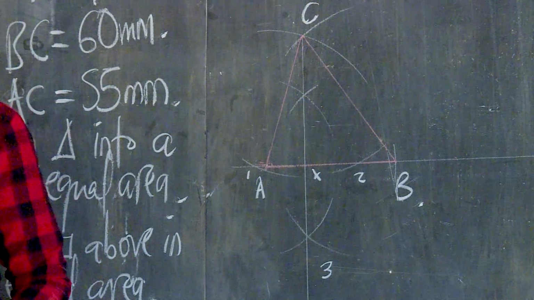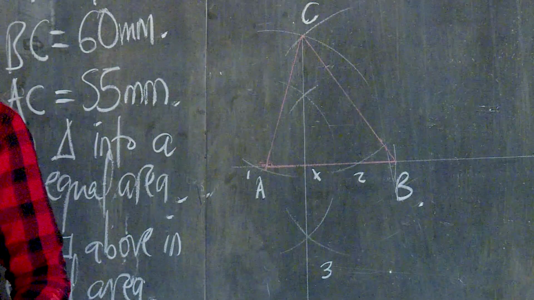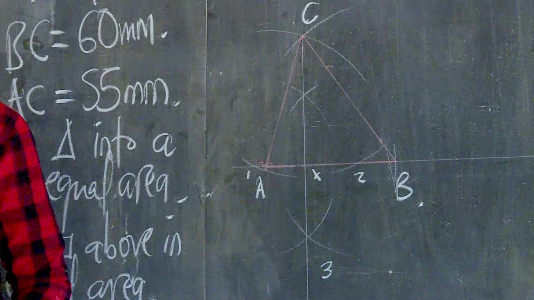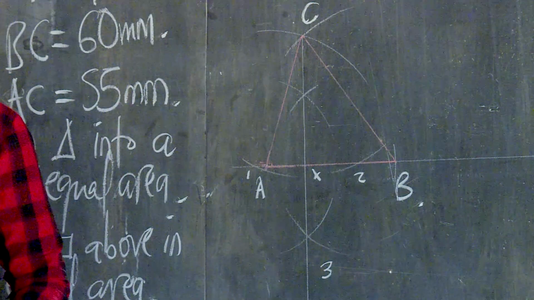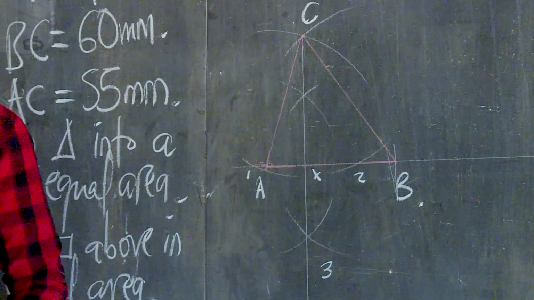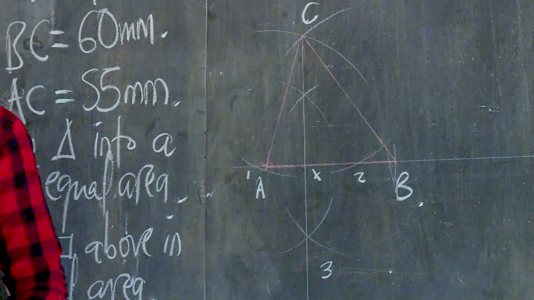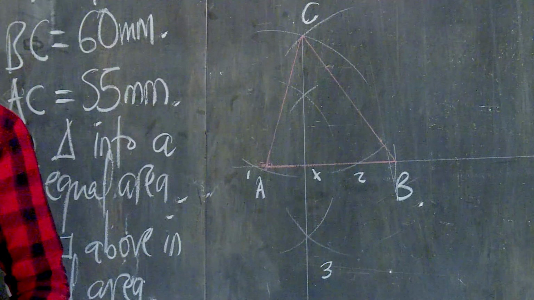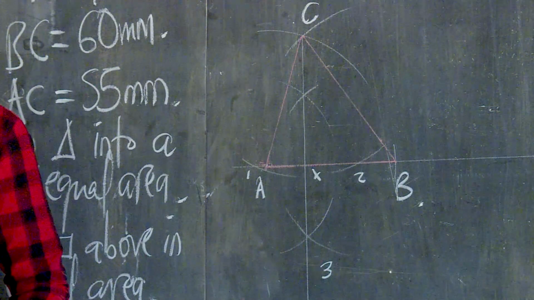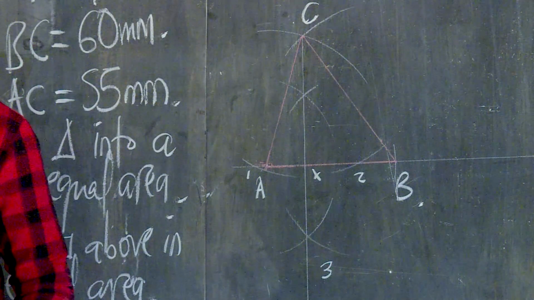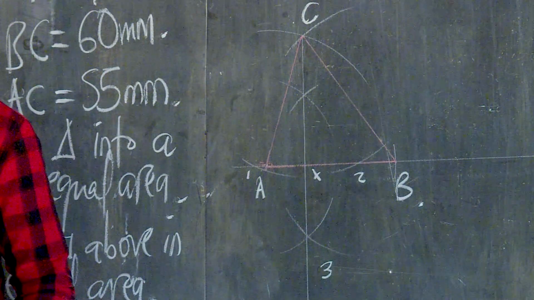Sir, we place the sharp point of the compass at C, then we open more than half, meaning we will mark an arc. Then, without changing the compass, we place the sharp point at X, and also mark an arc. Then we do the bisection, whereby standing on the first arc, marking again, then joining.